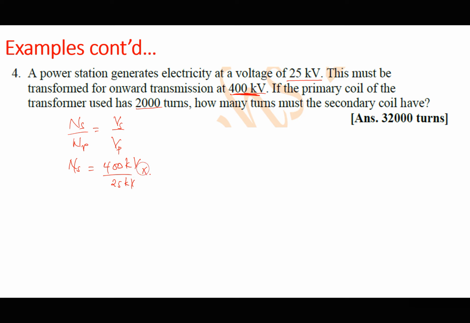So this is times the number of turns on the primary, which is 2000. Let me check my calculator: 400 times 2000 divided by 25. This gives us 32,000.